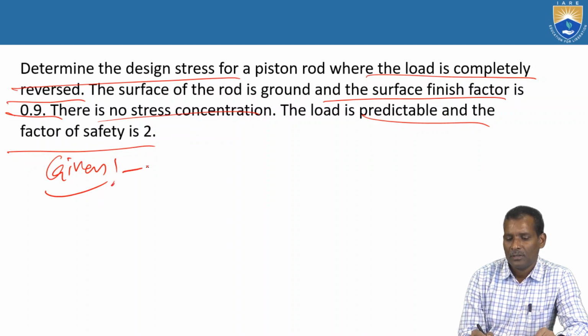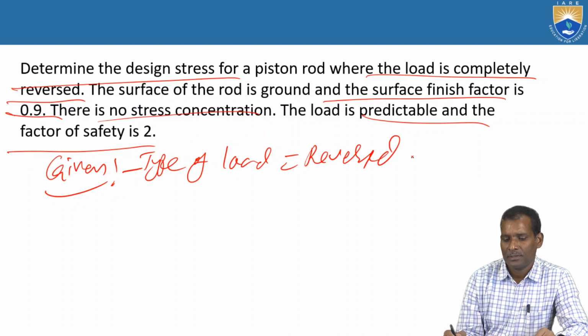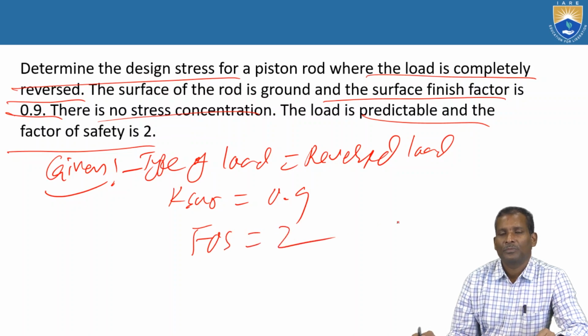Write down the type of load: reversal load, surface finish factor K sub s 0.9, no stress concentration, the load predictable, and the factor of safety is 2.